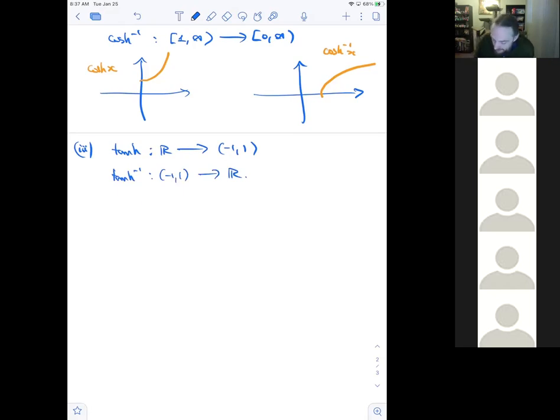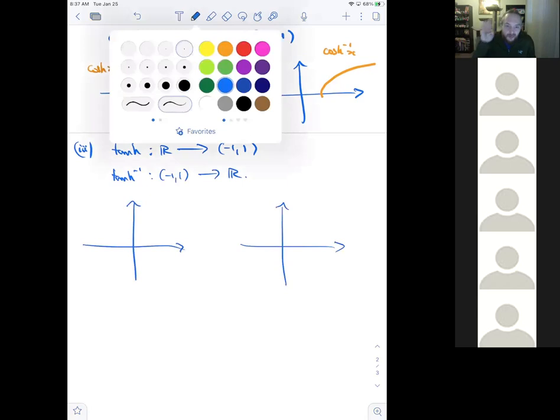What do we get from this pictorially? The more you can see the graph immediately, the better you can do these weird limits of transcendental functions. Just like when I want to know the limit as x approaches infinity of x squared, I know it's infinity because I can picture what x squared looks like.